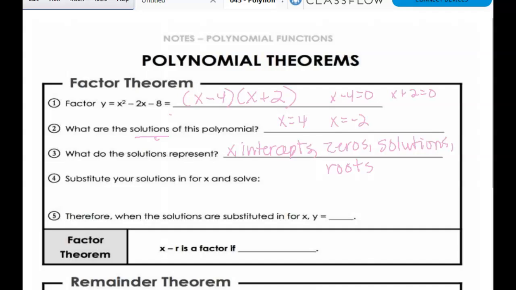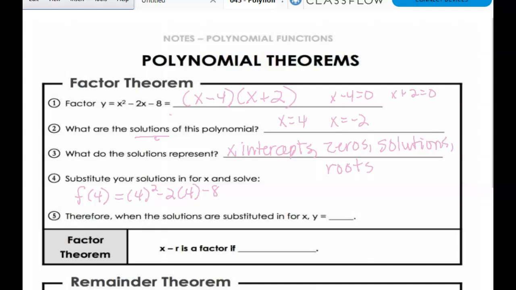So next it says substitute your solutions in for x and solve. So if I take 4 and I substitute it in where I see an x, 4 squared gives me 16.